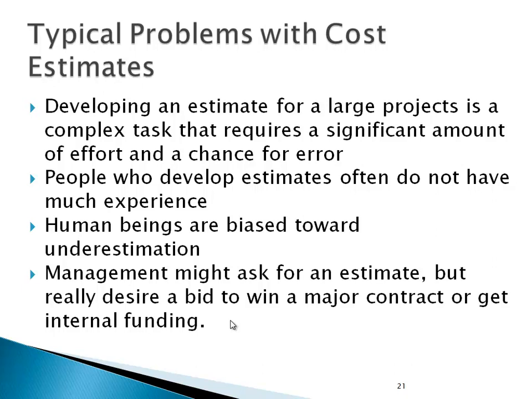Also, the people who developed the estimates often may lack experience, which will make the estimate have a certain range of error. And then we have the bias of the human being towards the underestimation of certain activities or cost of activities.